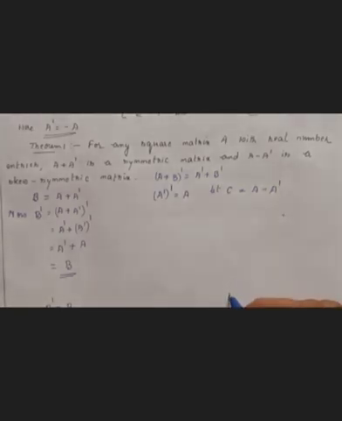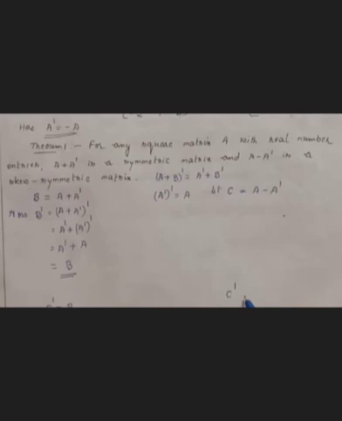Finally, I have to prove that C dash is equal to minus C. As A dash equal to minus A defines skew symmetric, C dash equal to minus C defines skew symmetric.